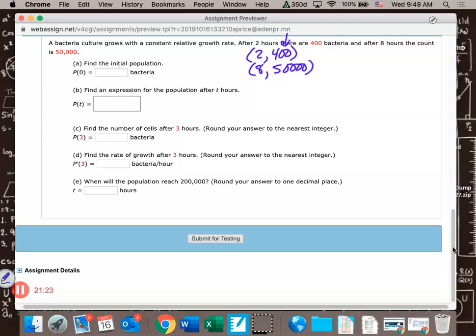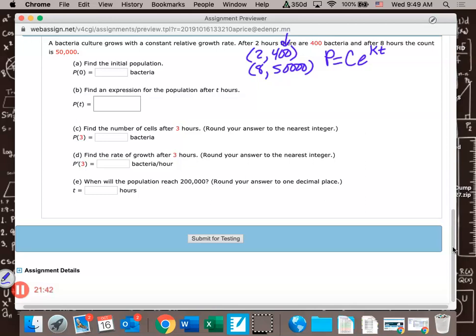All right. So I'm going to call our function p, because they're calling it p. So we're going to say p equals ce to the kt. Did they give us an initial number?